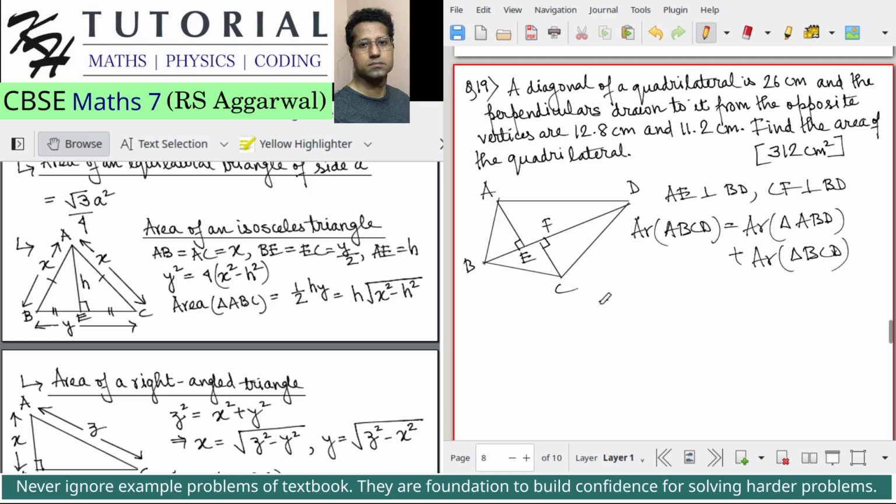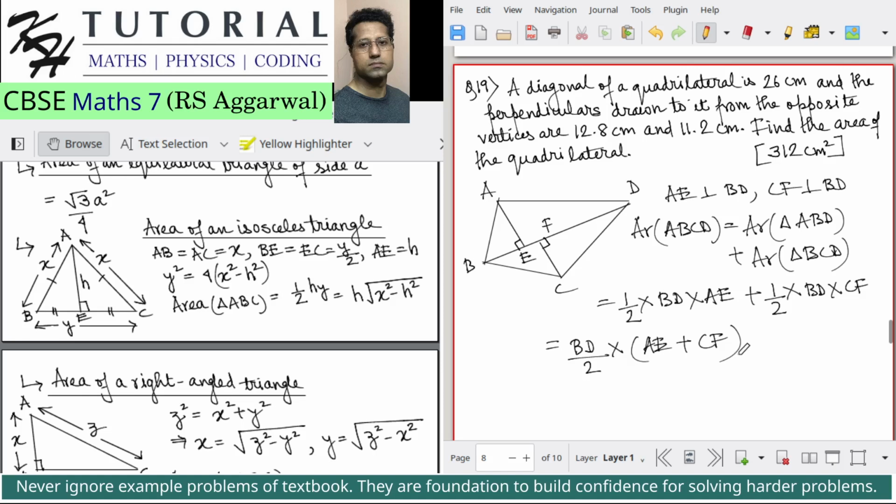In the triangle ABD, we can consider BD as the base, and AE is the height. So this will be half multiplied by BD multiplied by AE, plus the area of the triangle BCD, which is half, again considering BD as the base and CF as the height, BD multiplied by CF. So you can see we can take out BD by 2 as common. So we have BD by 2 multiplied by AE plus CF.